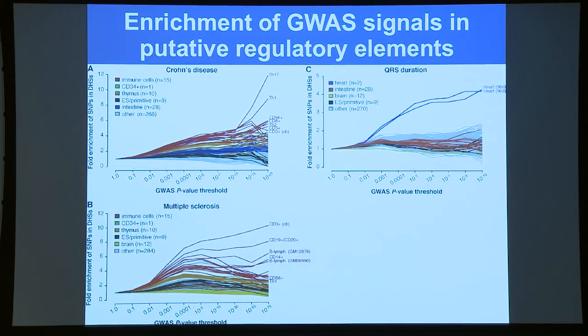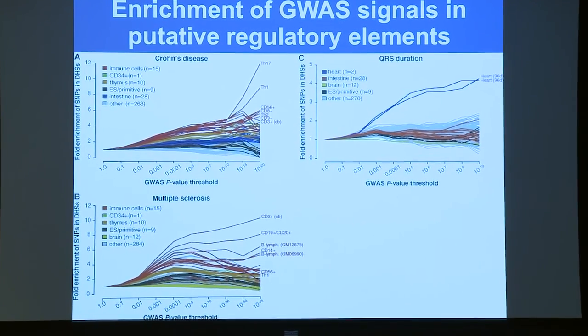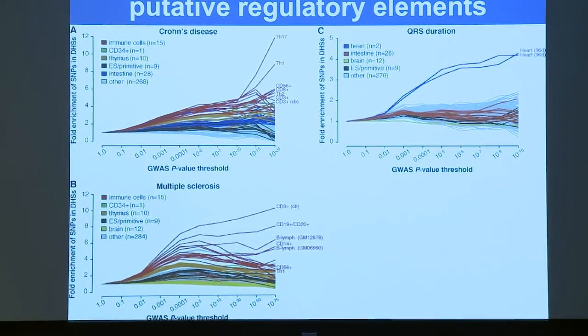On genome-wide association studies, this is a paper by John Stamatoyannopoulos and Chris Cotsapas here, and I worked on this paper as well. It looks at GWAS hits at different p-value thresholds and at the enrichment within these regulatory regions marked by open chromatin.